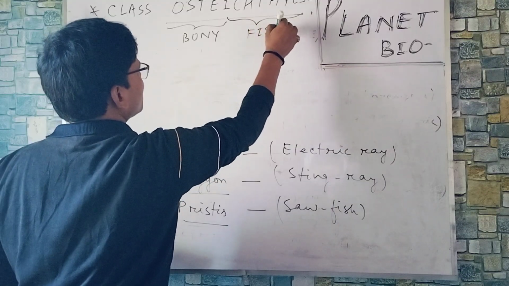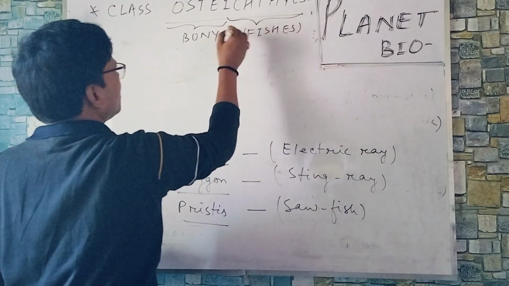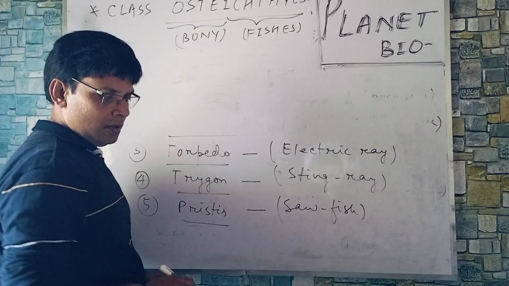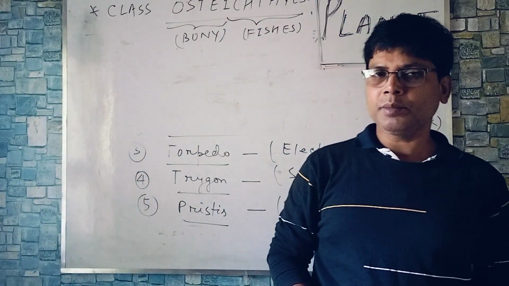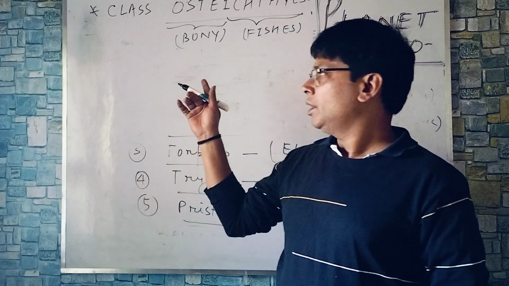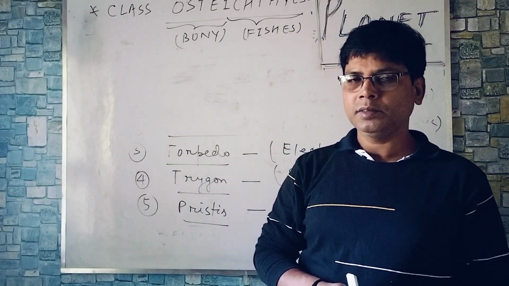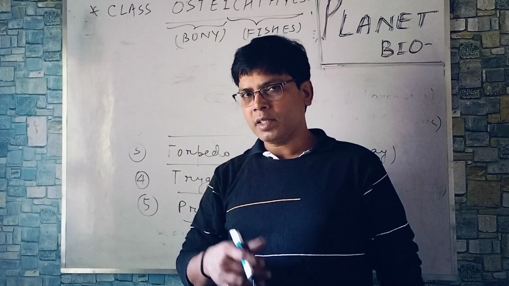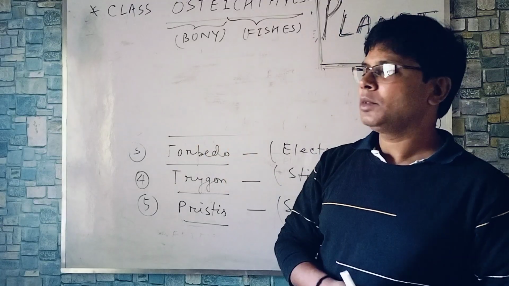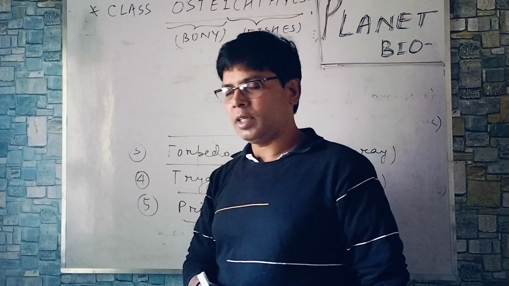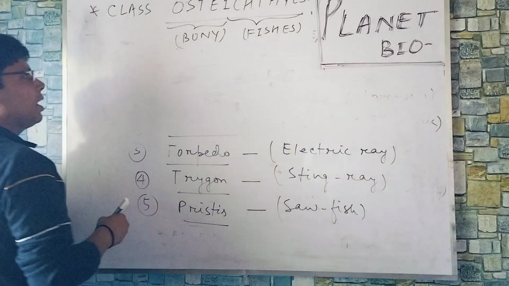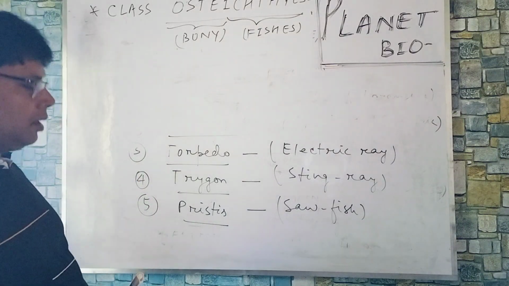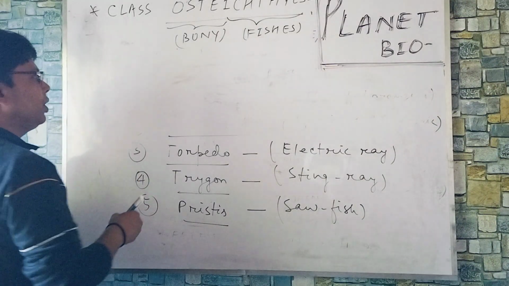Ichthyology means a study of fishes. Now you have to keep your concept clear that initially these are cartilaginous. As time progresses, they become bony. So they have bony endoskeleton later on, in later phase of life. So initially cartilaginous and later in adult phase they become bony.